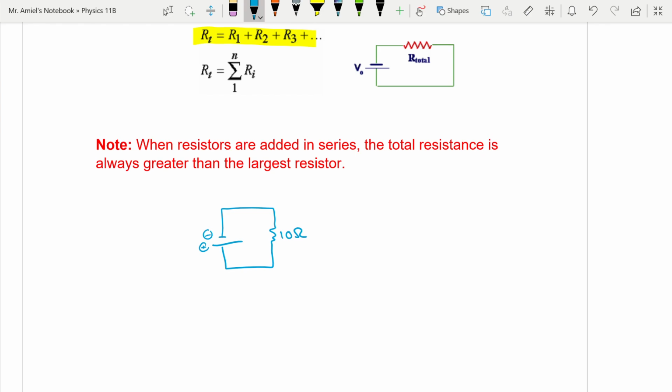If we've got a 10 ohm resistor and then we add another one in series, well, it's common sense. The total resistance, which we figure out through this equation, is going to have to be greater than the largest resistor. Obviously that has to be the case. We're adding our resistors, right? This was our R1, we're adding our R2. So yes, this is common sense.